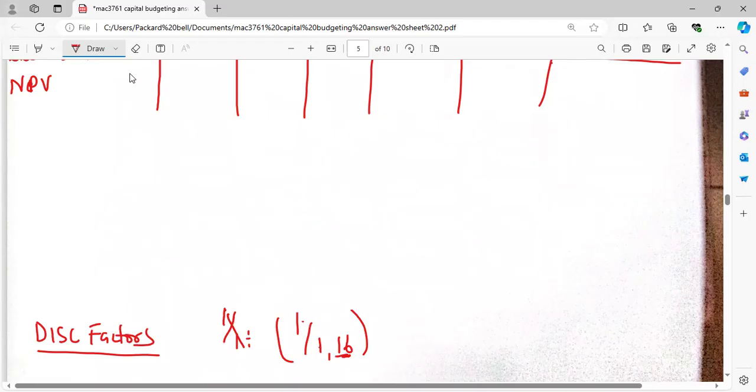If you have 9, 1 divided by 1.09, just like that. Then when the first figure is still on your calculator, you keep on dividing by 1.16, you get the next one, until you get to the last one.